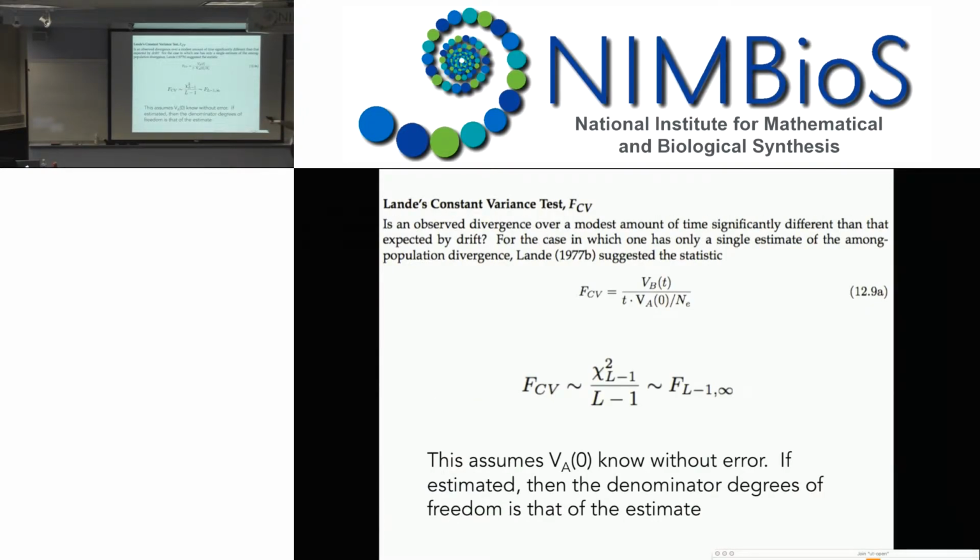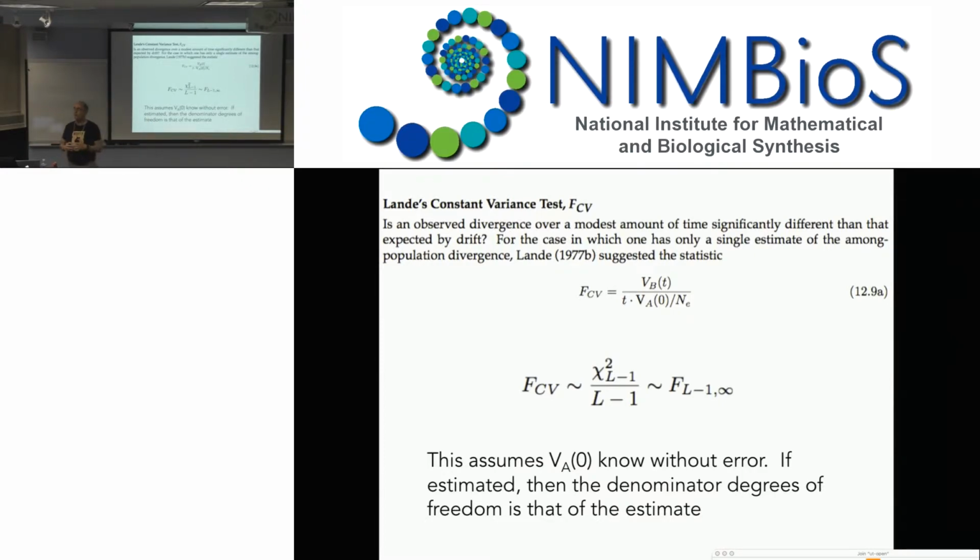Yes, that's true. That's a great question. So what you basically need is an estimate of the initial variation, or you can take an estimate a little bit down the line and assume it's close enough to the initial variation. Because remember, this is how that initial variation is partitioned, right? So this is the variation you expect at a certain time, because T over N is a number that, 1 minus that, is the amount of variation that's remaining.